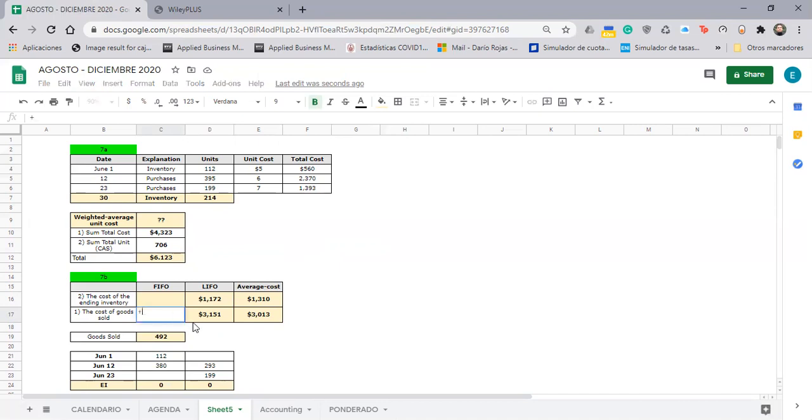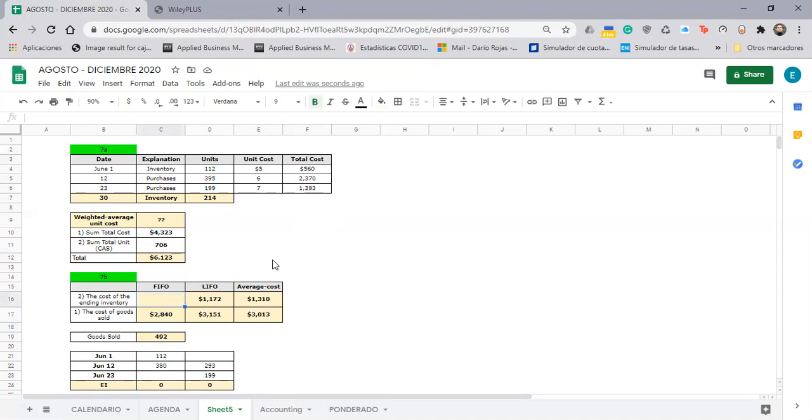In this case, we will start to multiply the units from June 1st, 112 times 5, and then we will sum the units from June 12th, 308 times $6, and we will have the amount of $2,840 as the cost of goods sold.